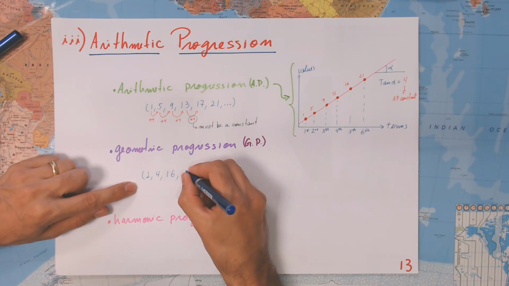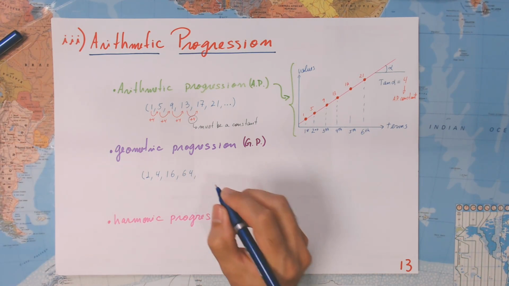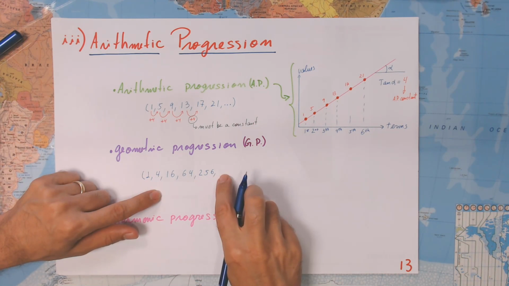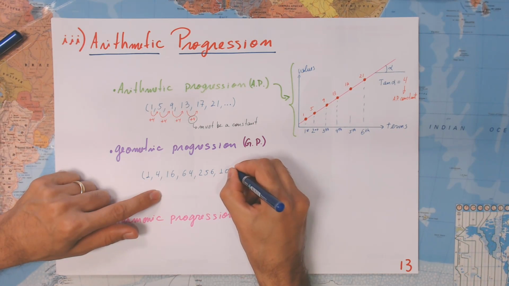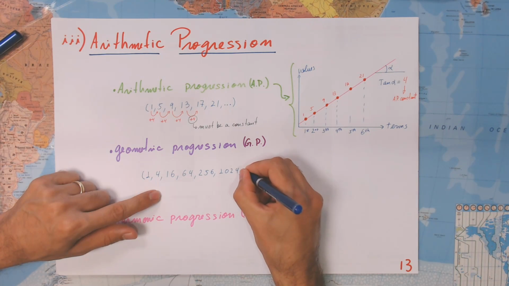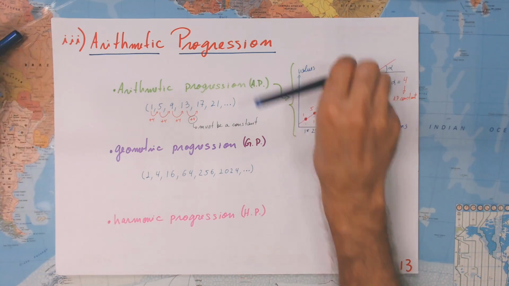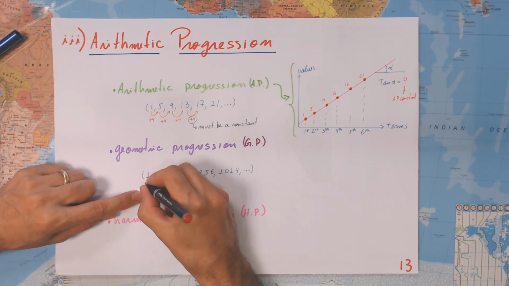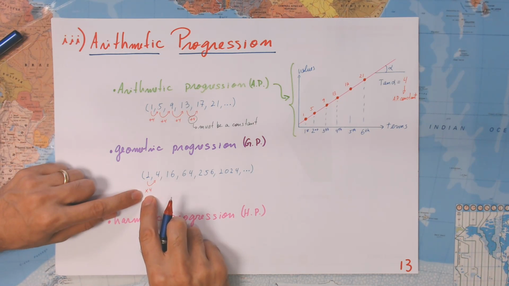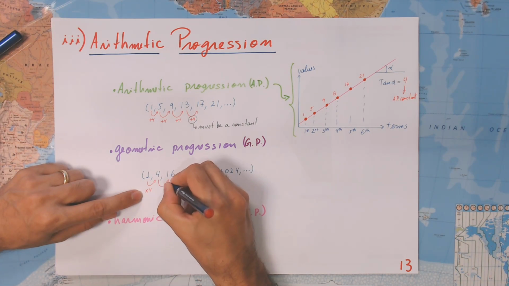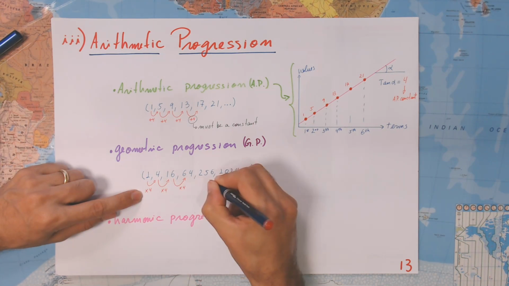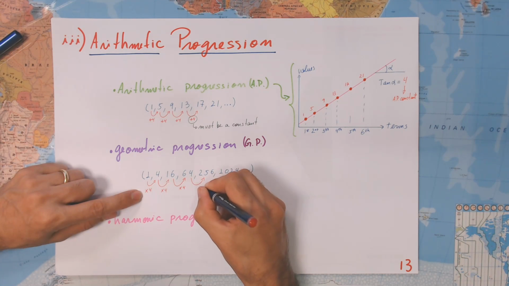Now 64, sorry, 256, 512, 1024, and 4000 something, and so on. Not going to continue. In the geometric progression, we are multiplying by 4. So the factor now is a multiplication by 4. You see? This is what it is to be a geometric.